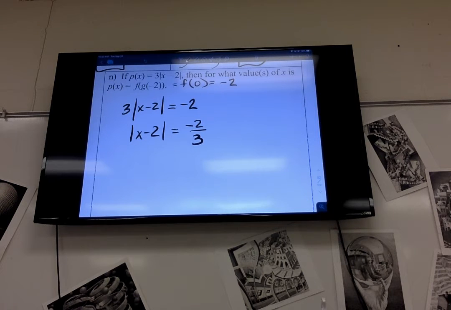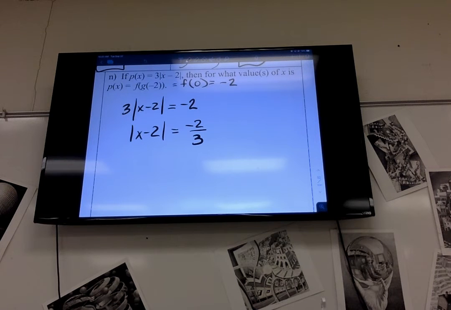Does anybody see it? I can't just say x minus 2 equals -2/3 and x minus 2 equals 2/3. Why can't I just set it equal to the positive and the negative? It's already negative. It's equal to negative.